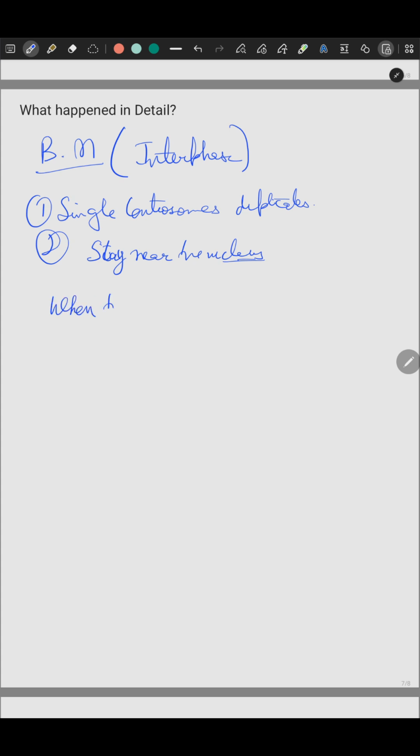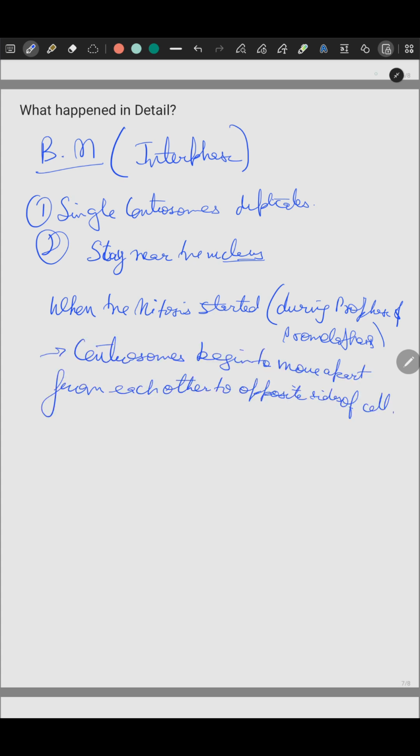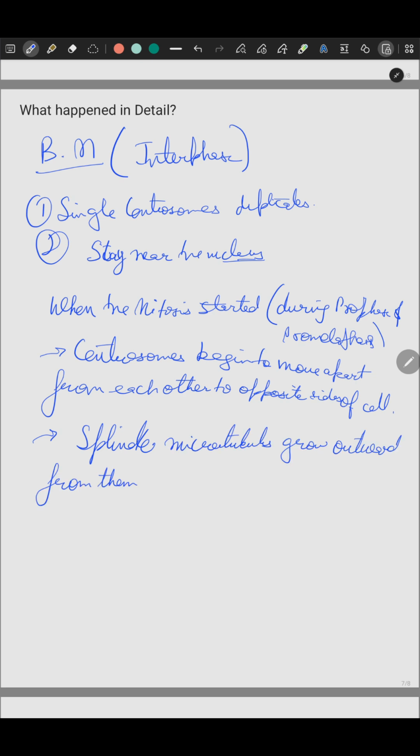When mitosis starts, during prophase and prometaphase, the centrosomes begin to move apart from each other. Then the spindle microtubules grow outward from them.